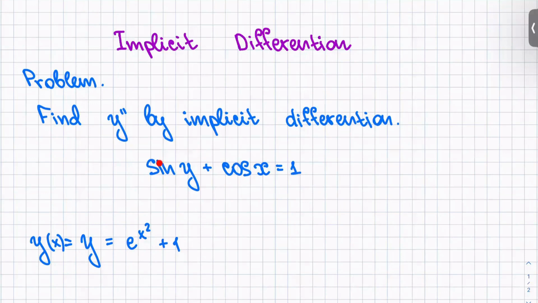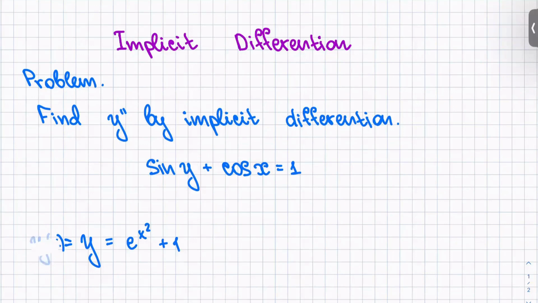But if we look, for instance, at this equation right here, we have sine y plus cosine x equals 1. Here again, x is an independent variable, so everything is okay with x, but y is the dependent variable. It's our function, y depends on x.